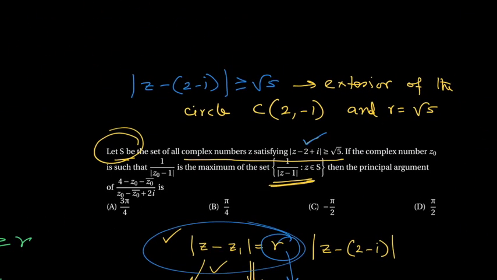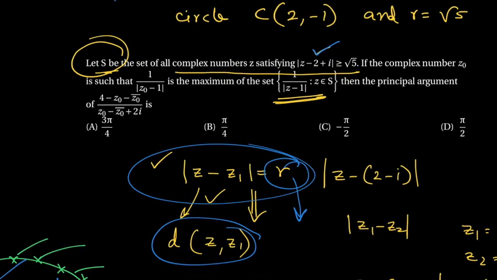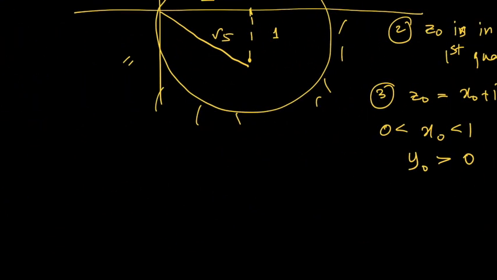Now let's look at the expression. Ultimately, we are not done with the question. We have to look at (4 minus z0 conjugate) by (z0 minus z0 conjugate plus 2i), and we have to find the principal argument of this quantity.